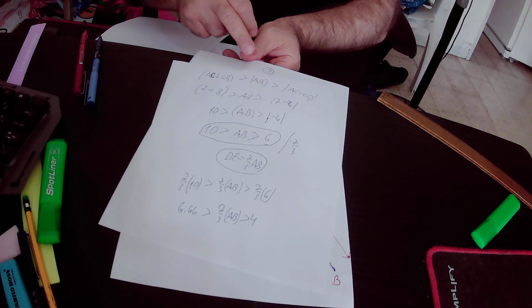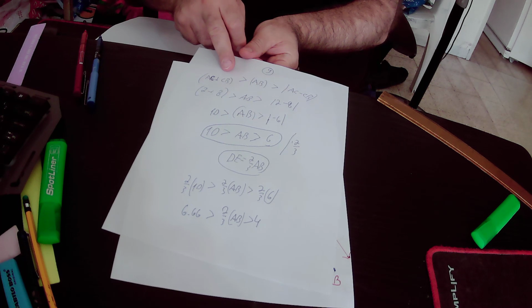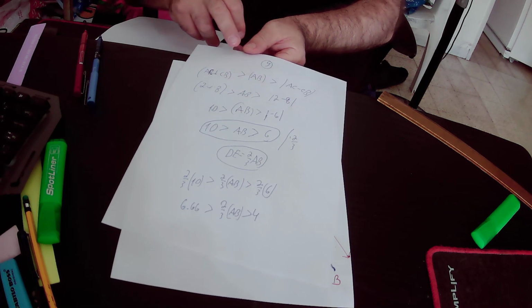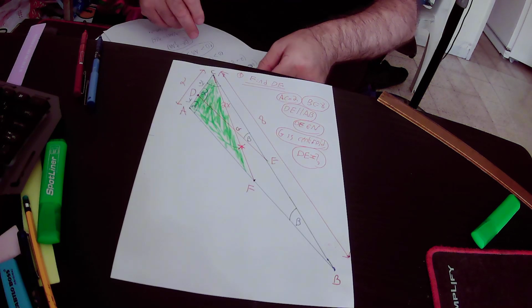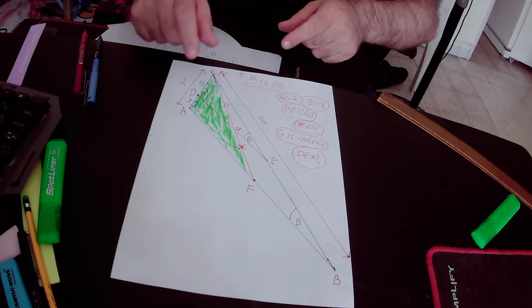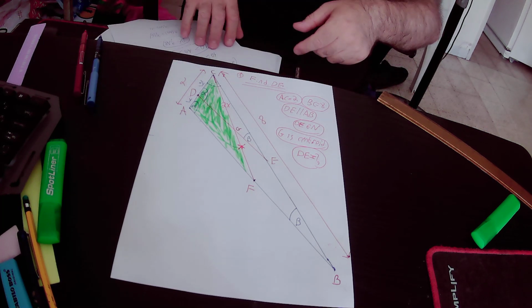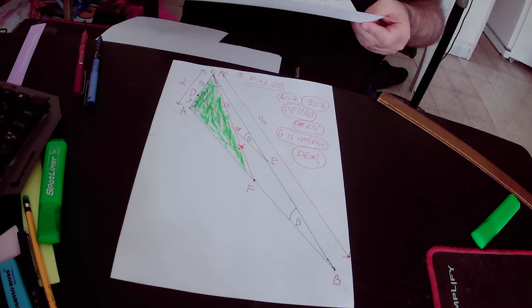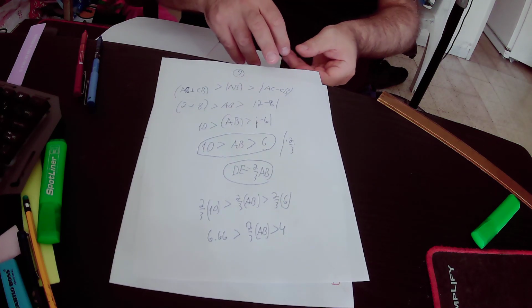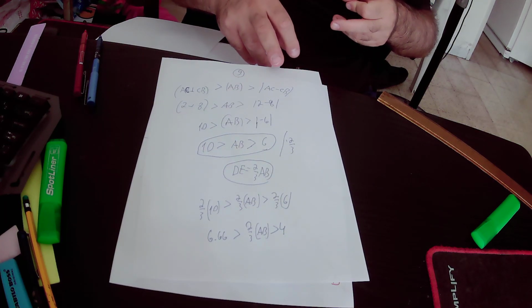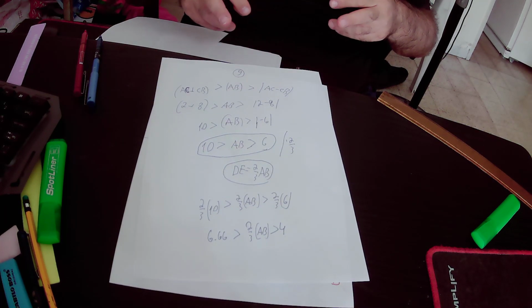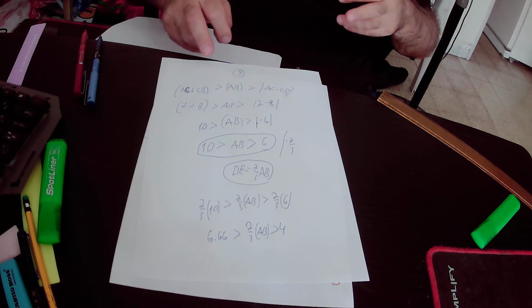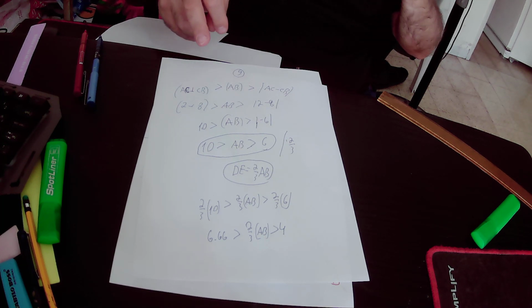AB is smaller than AC plus CB from one side, but AB from the other side is greater than CA minus CB, or the absolute value of CA minus CB, or AC minus CB, the absolute value of AC minus CB. That is actually the implementation of rule number 4 in our triangle ABC.